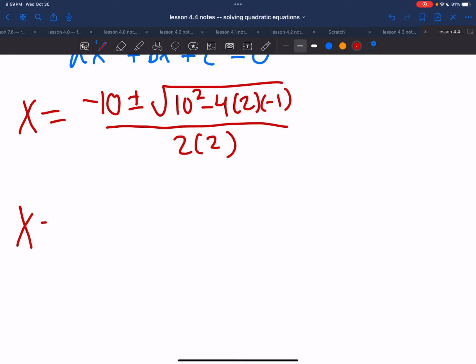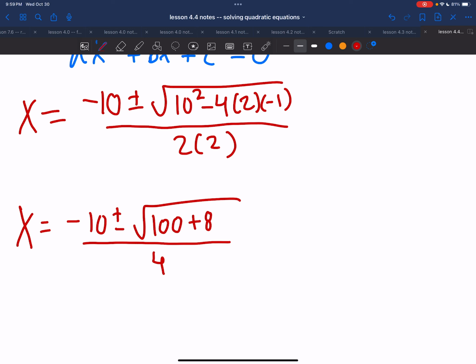At this point, you just simplify. So do the arithmetic. Negative 10 plus or minus the square root of 10 squared is 100. And then negative 4 times 2 is negative 8, times negative 1 is plus 8. This is all over 4.